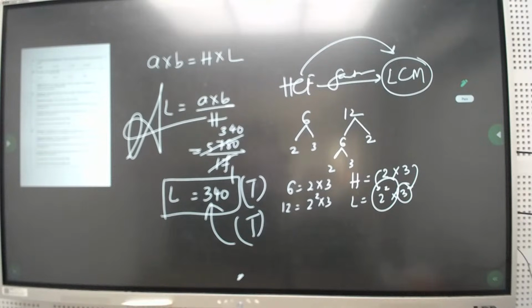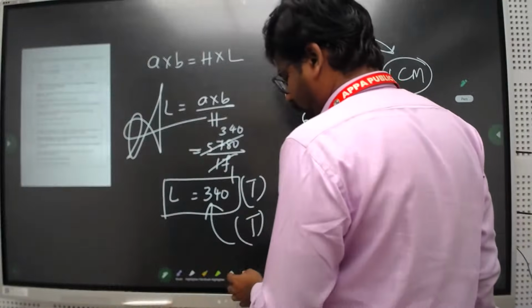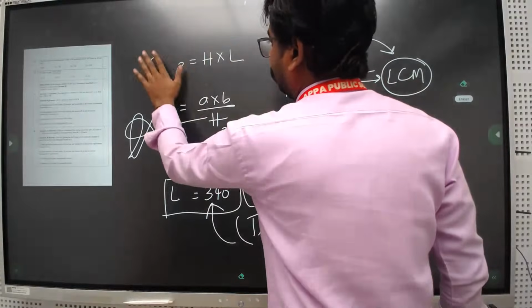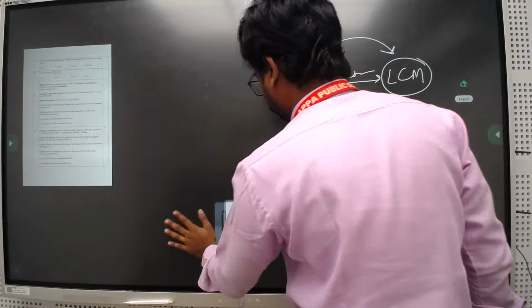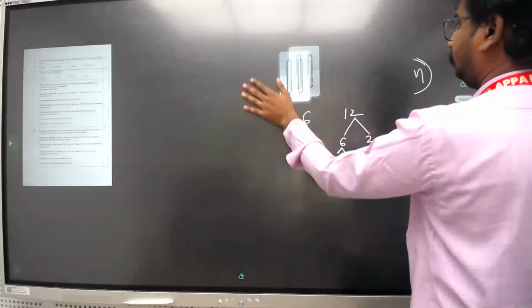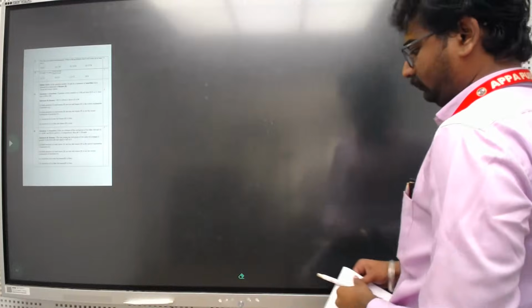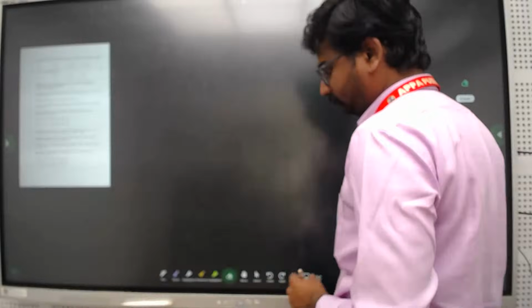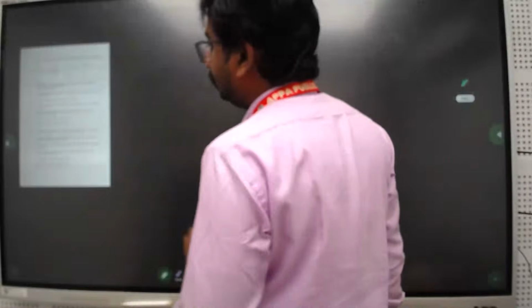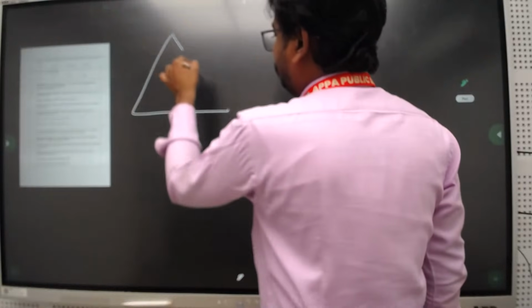Okay. Now, as you all said, the statement is true. It is the midpoint theorem. So based on the midpoint theorem only, we have to check which answer is correct or wrong. ABC is a triangle.